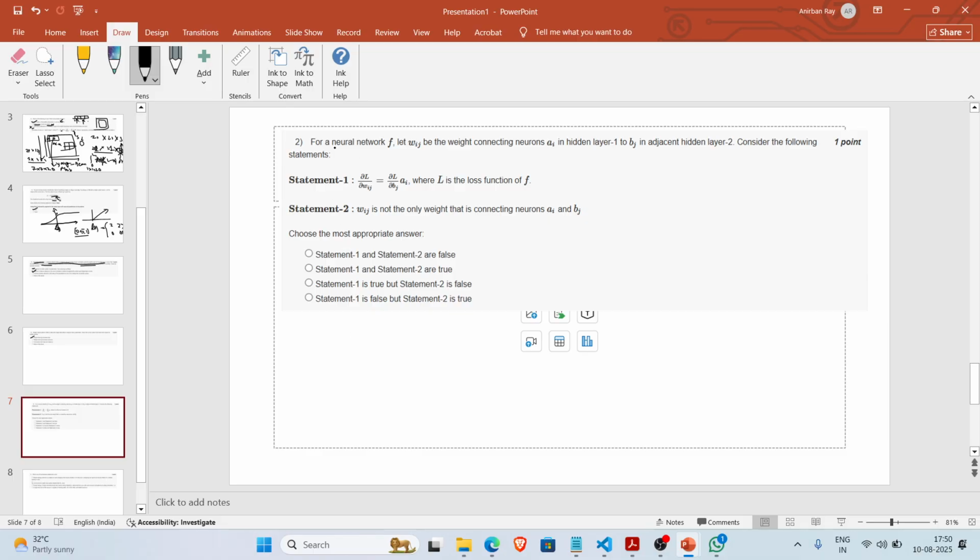Okay, so next question. You're given a neural network F. Let Wij be the weight connecting neuron Ai in hidden layer 1 to Bj in hidden layer 2. L is the loss function, so you need to find the gradient with respect to this weight.